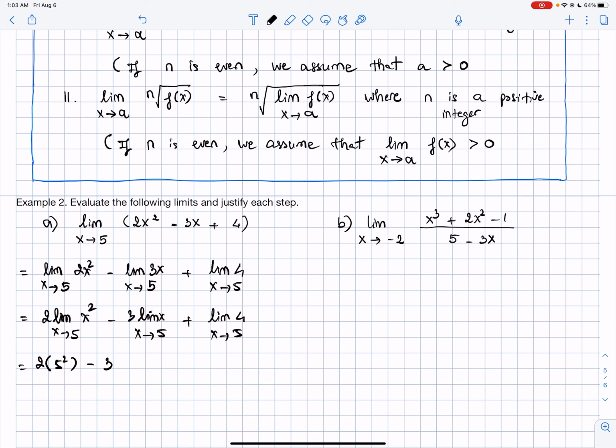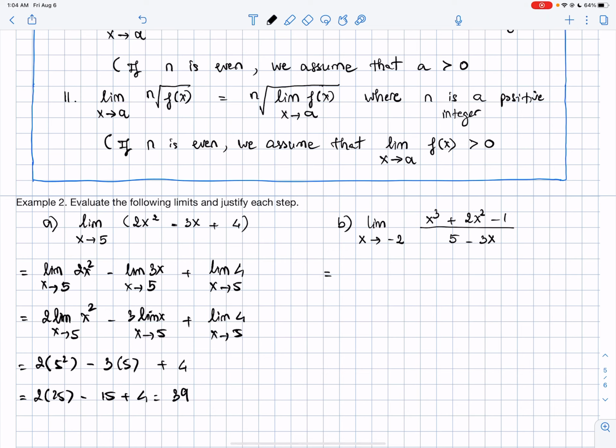So we get 3 times 5 plus 4. So we use law number 7 because 4 is a constant. Then we have 2 times 25 minus 15 plus 4. We calculate this and then we will get 39.